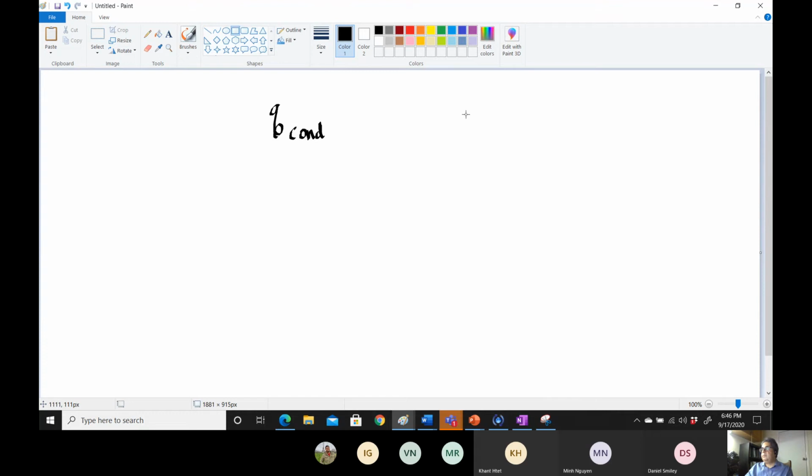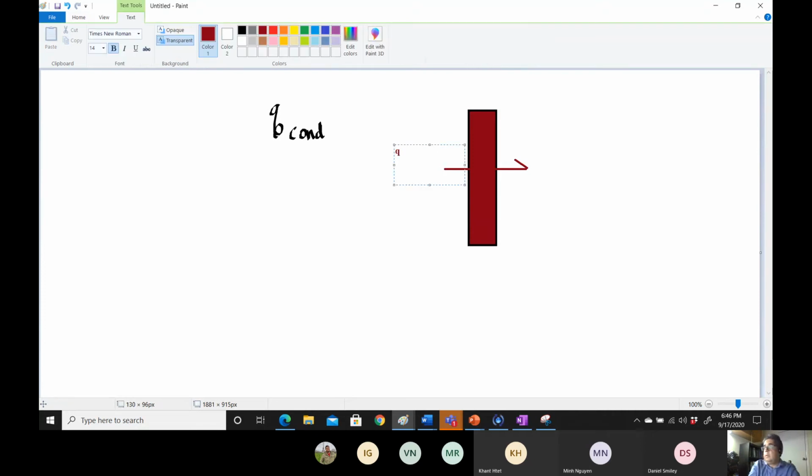If you have, in this case, a brick wall, with a certain thickness and an area, then you can determine what the conduction is through that brick wall.